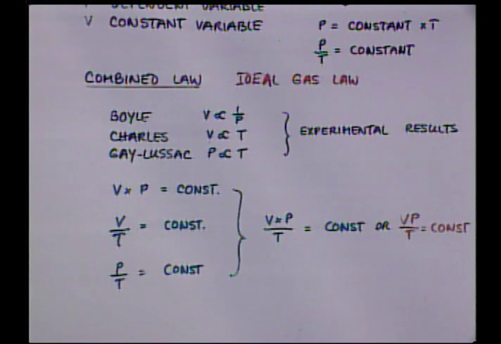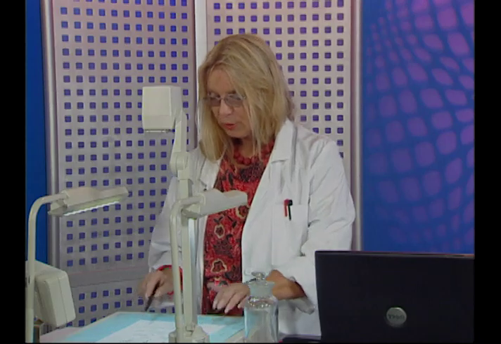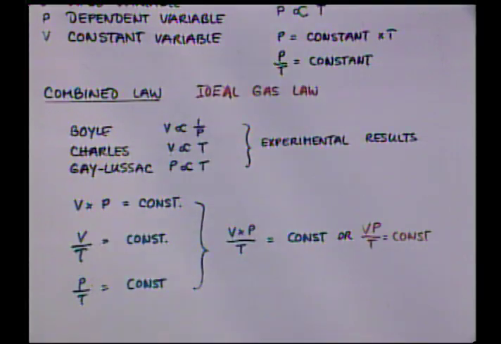The quotient V over T is constant, and the quotient P divided by T is also constant. So why not combine them all, superimpose these laws, and then we have V times P over T equals constant. And you see this is what we call our combined gas law.